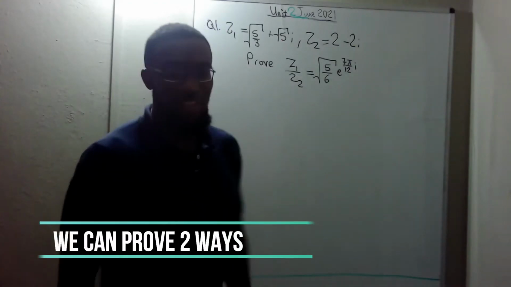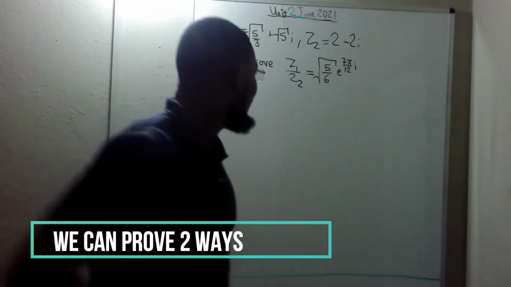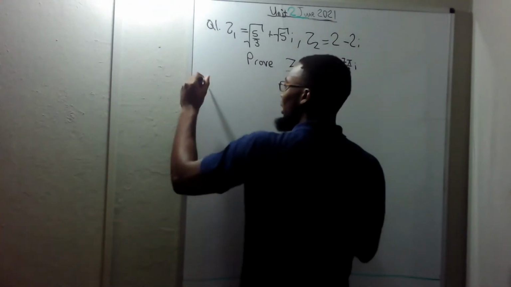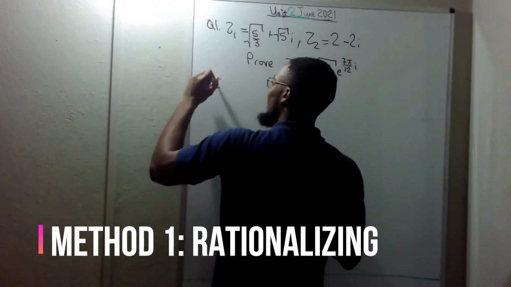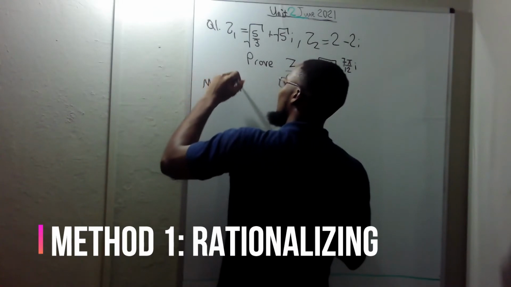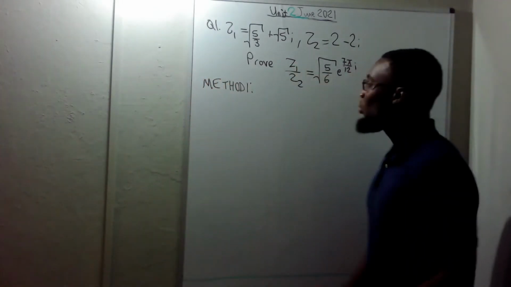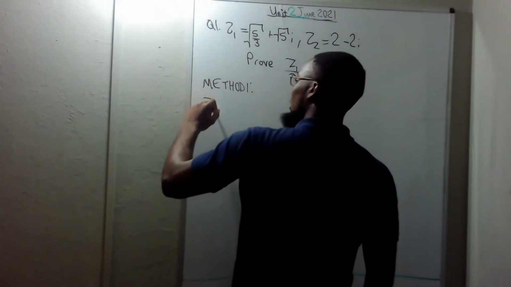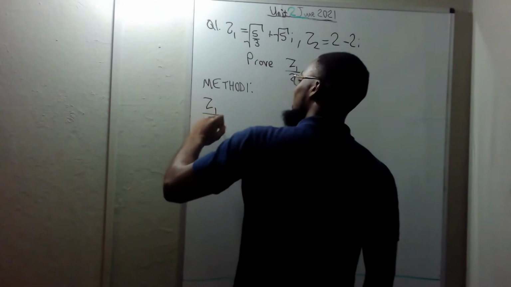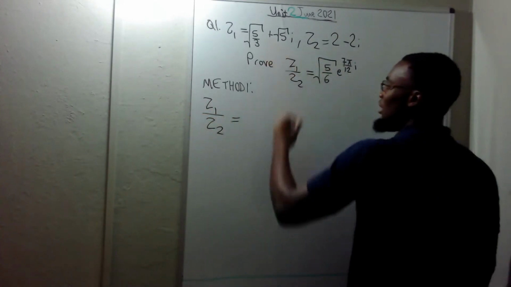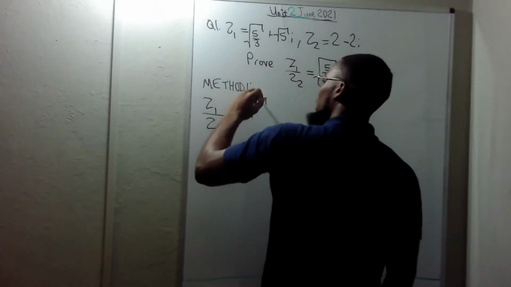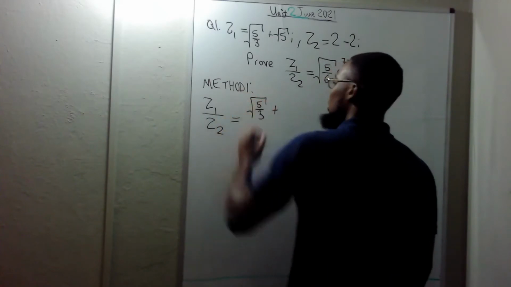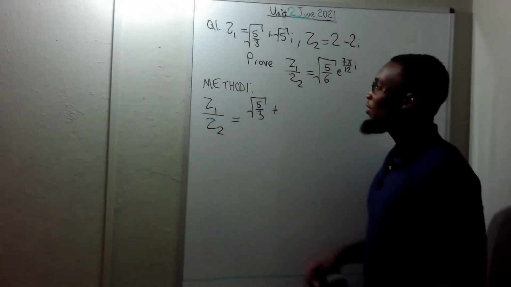Now there are two ways we can do this question. Let's look at method 1. For method 1, we start by rationalizing: z1 divided by z2 is the square root of 5 over 3 plus the square root of 5 i.